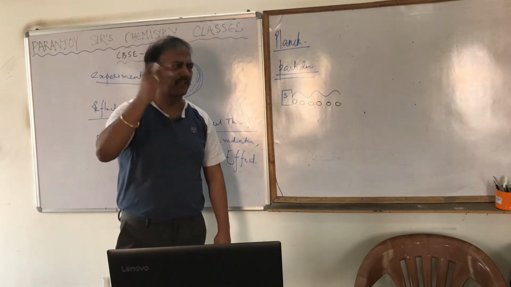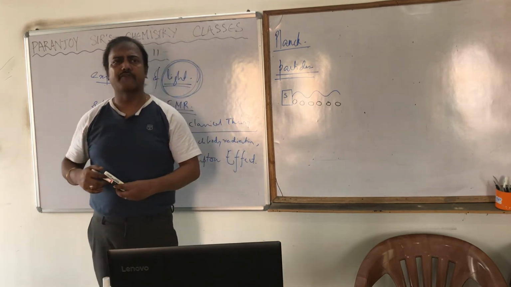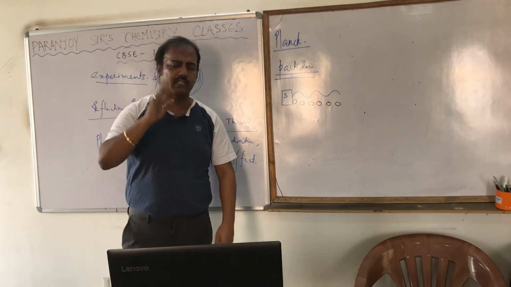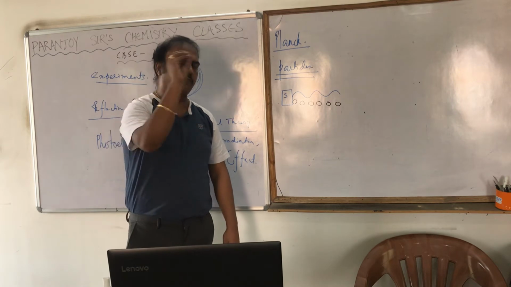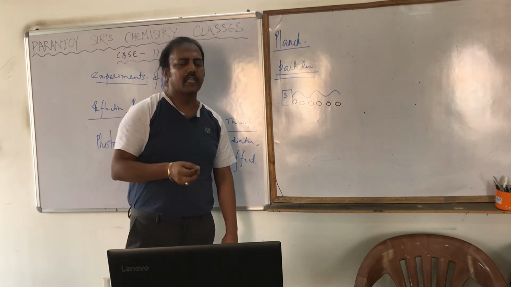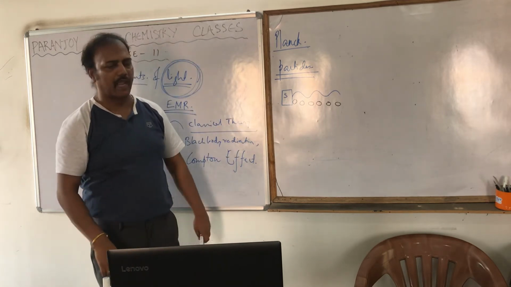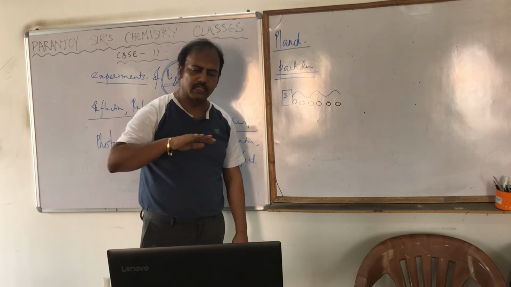For example, I am just giving a different example so that you can understand. All of you nowadays have seen the bowling machine, right? The cricketers are practicing, or the table tennis also. From the bowling machine, one after another, the balls are coming out. Just like that, Planck told that the electromagnetic radiation is not coming out as a continuous wave.